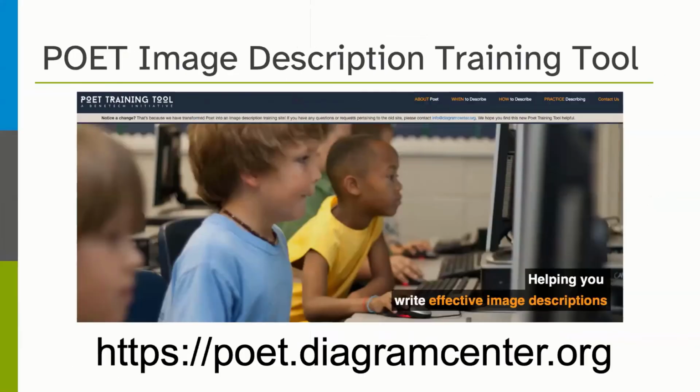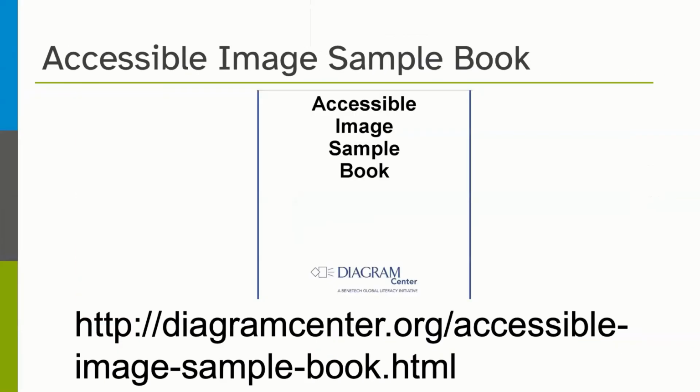Okay. In addition to that, we have a resource called our Accessible Image Sample Book, which is also on our diagramcenter.org website, and all of these links will be provided to you all. In here, it shows how to put those image descriptions into an EPUB book or an HTML page, and also describes how to write extended descriptions.